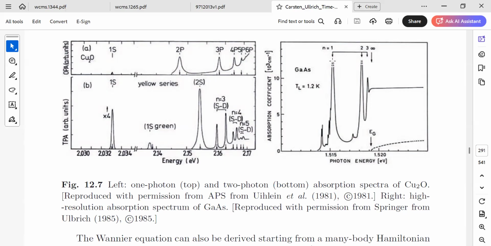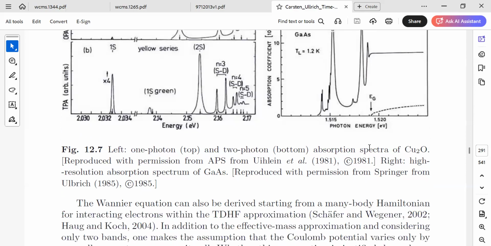One peak is here, the second peak is here, the third peak is here, and after that it goes to a continuum. This is predicted by one-particle theory, but this is the actual experimental observation.